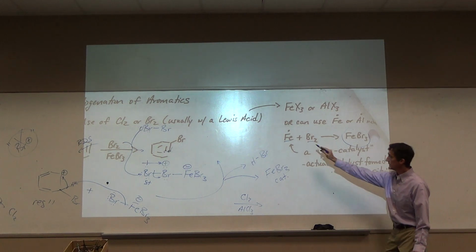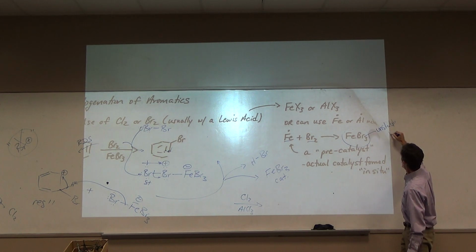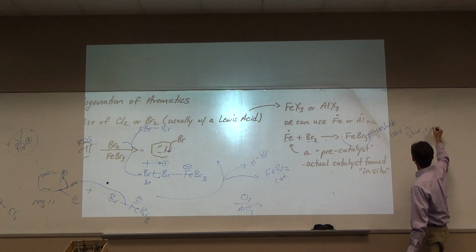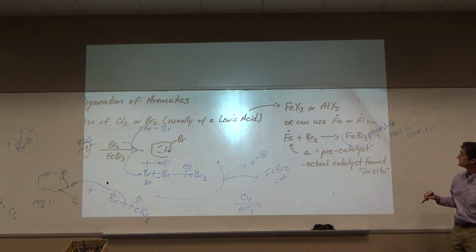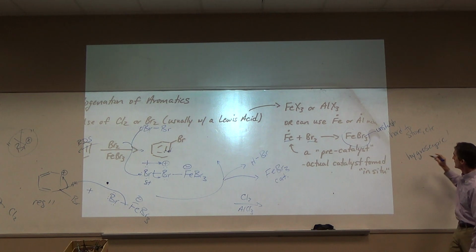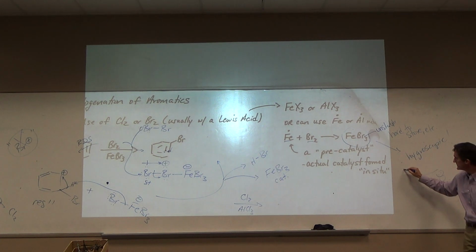And that's kind of common because this can be unstable and hard to store, etc. It can also be hygroscopic, which means what? Reacts with water in the atmosphere, so it's hard to store. Why reacting with water? Because water has lone pairs, and these can add to the iron, just like the bromine can.